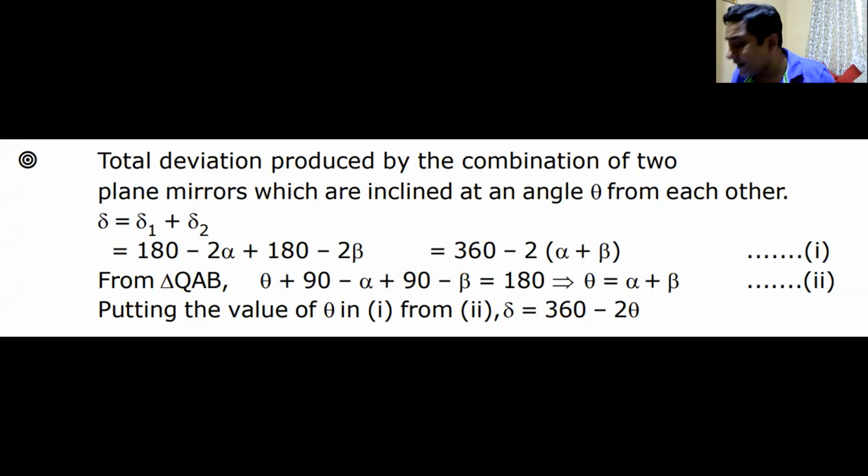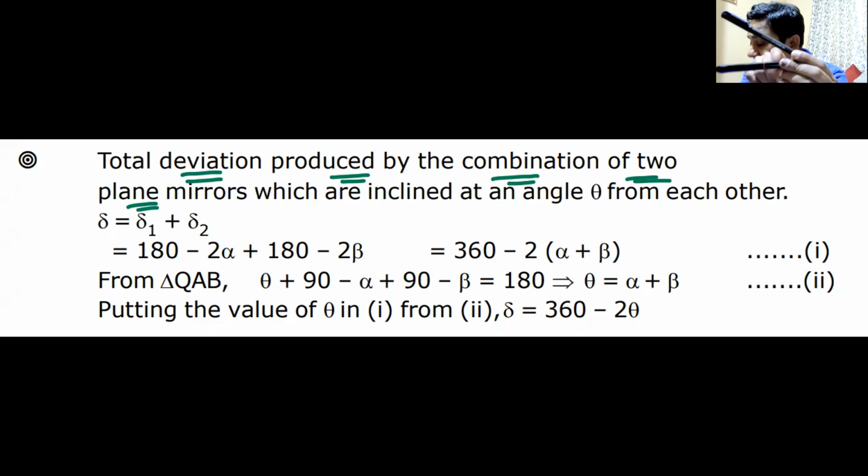Well, we move on to the next heading, and this is the total deviation produced by a combination of two plane mirrors. Instead of one mirror, I have two mirrors which are inclined at an angle of theta. So angle between these two mirrors is theta. Do we see this?